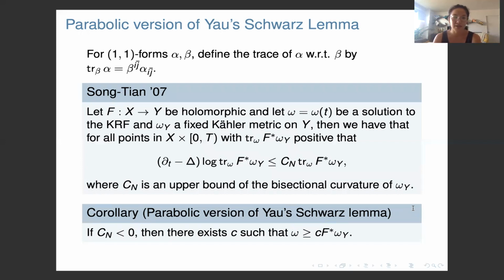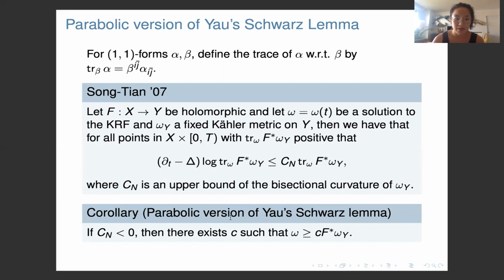If you have f taking x to y, a holomorphic map, and omega, a solution to the Kähler-Ricci flow, with omega_y being a fixed metric on the manifold y, then for all points in the product space x cross (0,T) where that trace happens to be positive, the time derivative d/dt minus Laplacian of log trace_omega of the pullback of omega_y is bounded by some constant C_n times the trace sub omega of this pullback again of omega_y, where C_n is the upper bound of the bisectional curvature of omega_y.